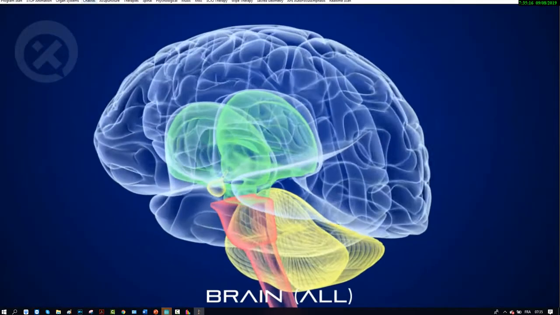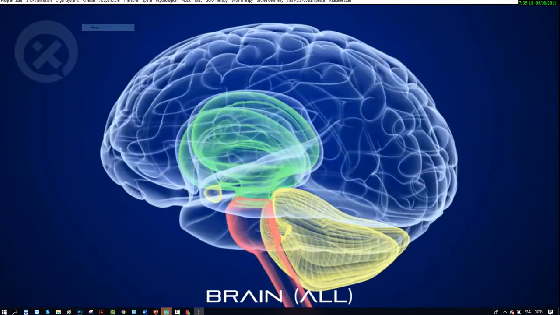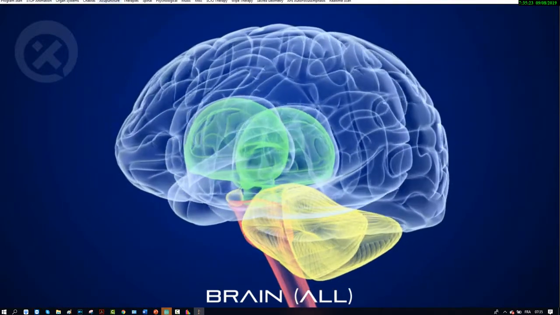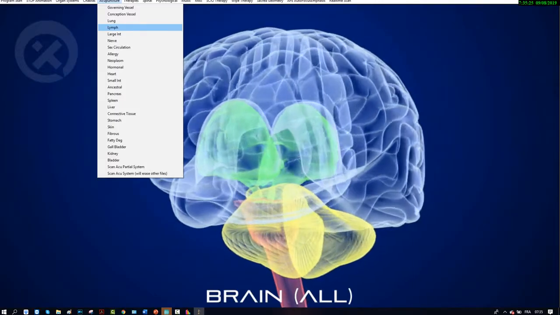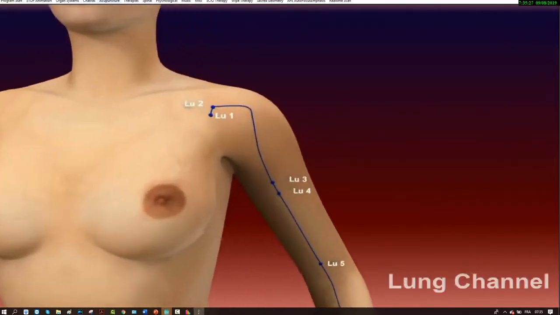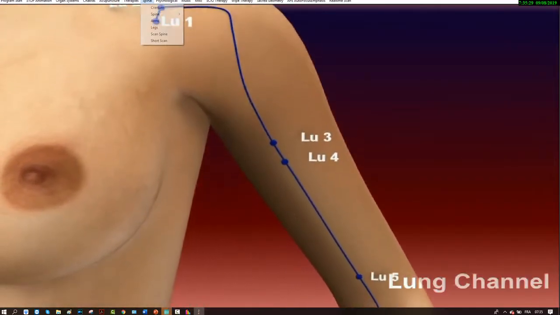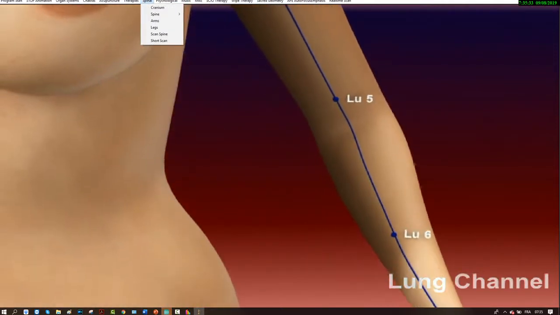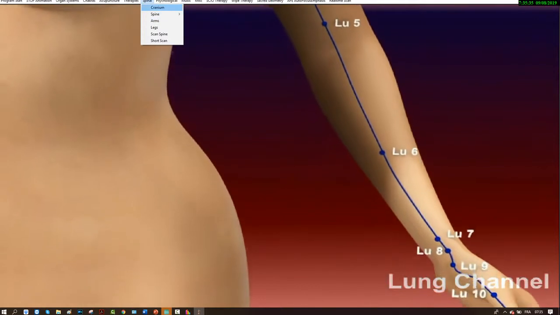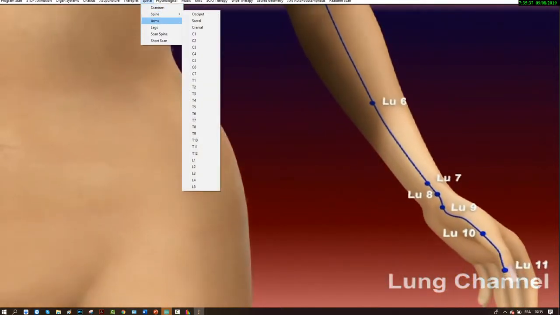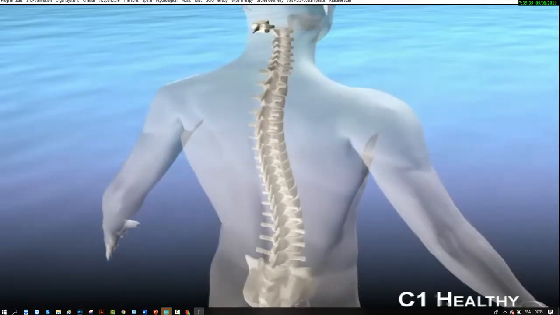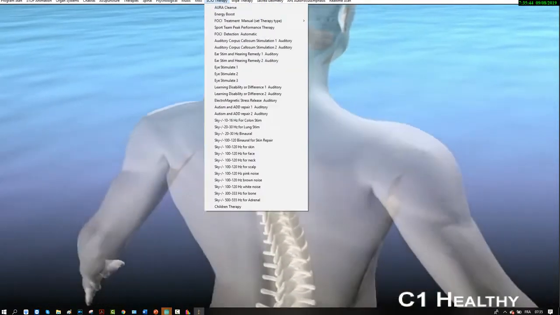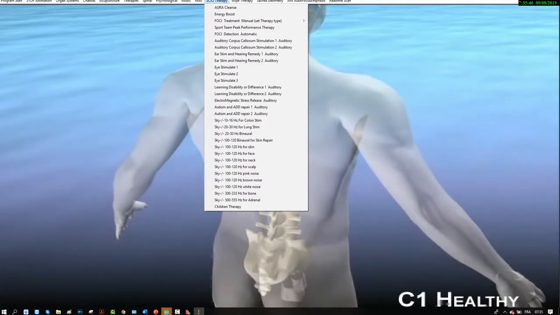I could choose a chakra. I can go with the heart chakra. I can load the acupuncture. I can look at the lymph. Then I can look at the spinal if I want, and I have all the vertebrae that I could look at, and I could say, let's look at the C1. There are all the psychological therapies, and then the aura.